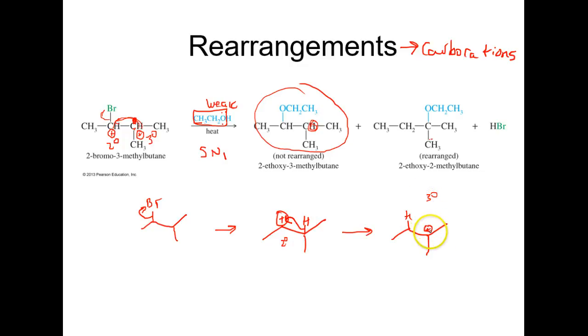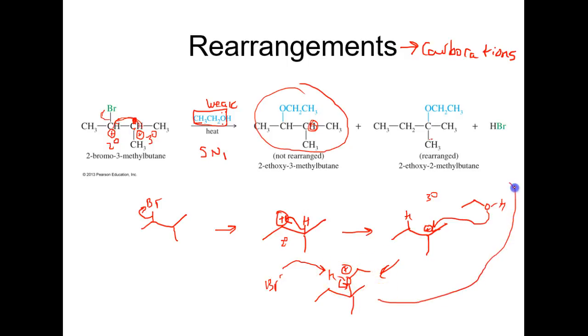You formed a much more stable carbocation. Now your ethanol comes in here and attacks, and then the bromine or the ethanol plucks out that hydrogen to form this compound right here, the rearranged compound.